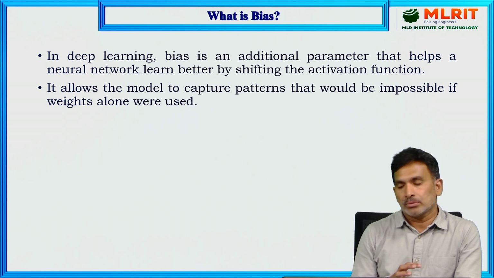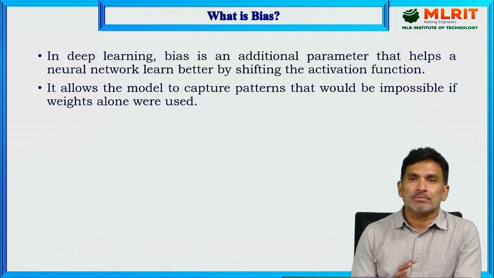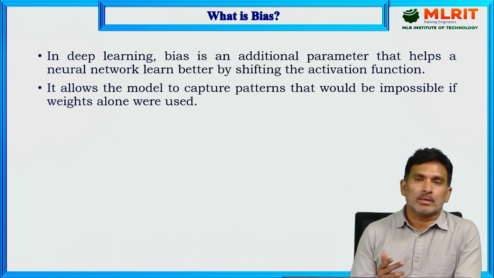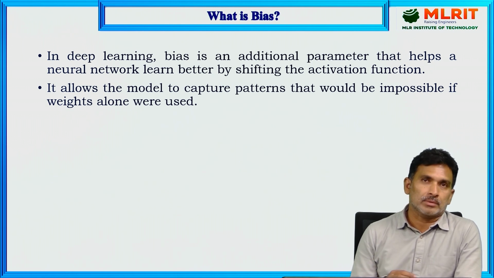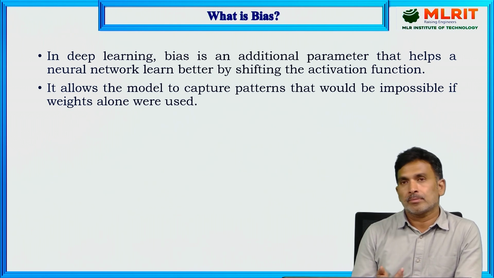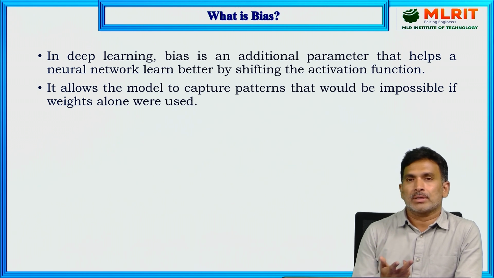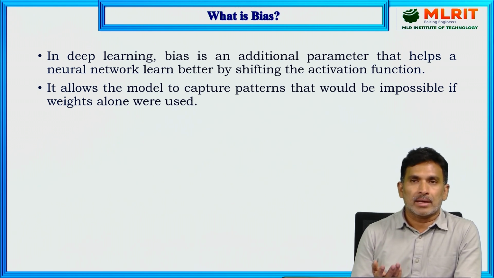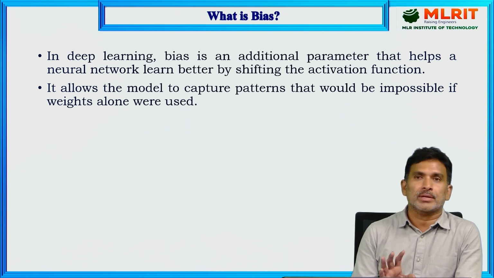Why do we need to add this bias to the weighted sum in this neural network? That needs to be understood, because the set of parameters needs to be tuned, and mainly the two important parameters that will be updated in back propagation are the bias and weights. So we need to understand this bias.